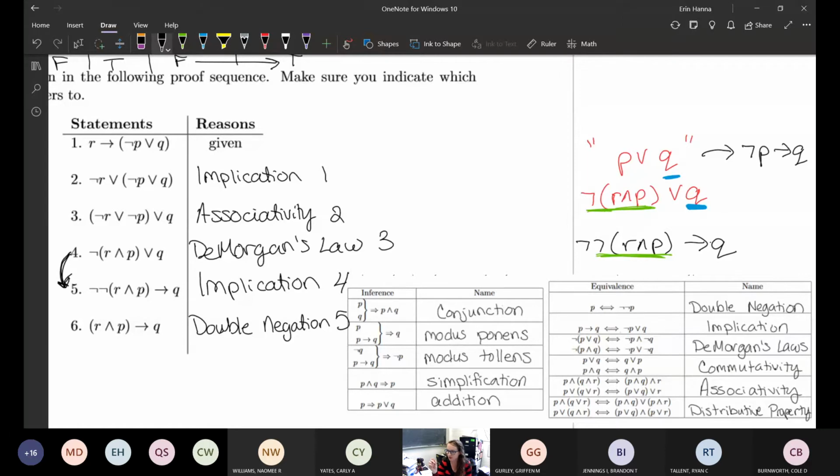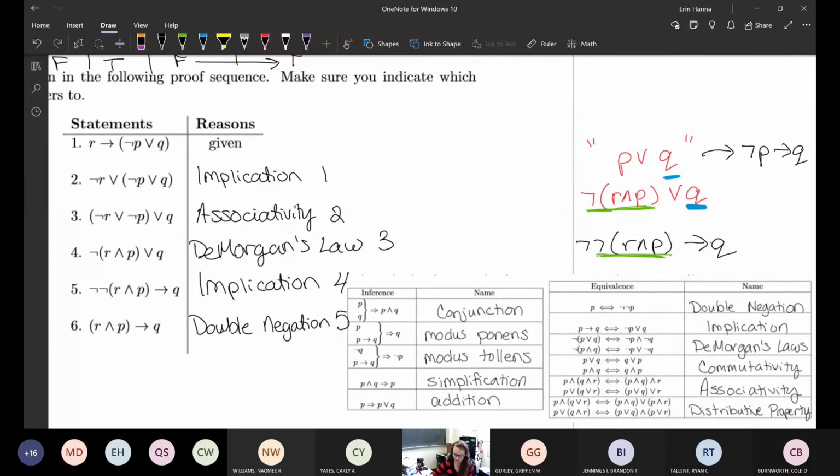So the regular P turned into a negative negation of P, and the other one turned into a negation. I said that backwards. The negation turned into a regular, the regular turned into a negation. And that kind of rewrite of the implication rule is what I'm using. I'm taking my entire regular old P to be the not R and P, and then I'm negating it when I switch it over to the implies. Maybe that was more confusing than what I said before, but hopefully that makes sense.